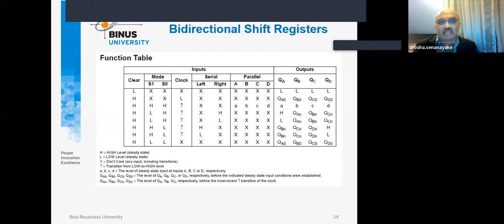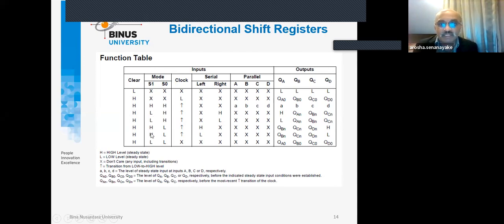Okay. Likewise, if you look at another combination, clear H means in this case clear is not activated. When S1 is L, that means 0, and S0 is high, then the data moves to the right.